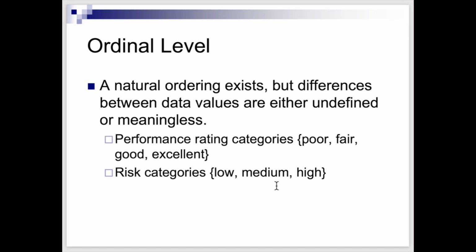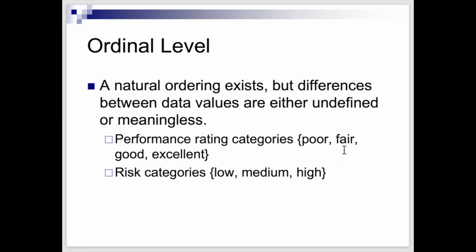And so, for example, we might consider performance rating categories such as poor, fair, good, and excellent. There is obviously a natural ordering here. Fair is better than poor, good is better than fair, and excellent is better than good. However, the differences between these categories or between these values are undefined or meaningless.